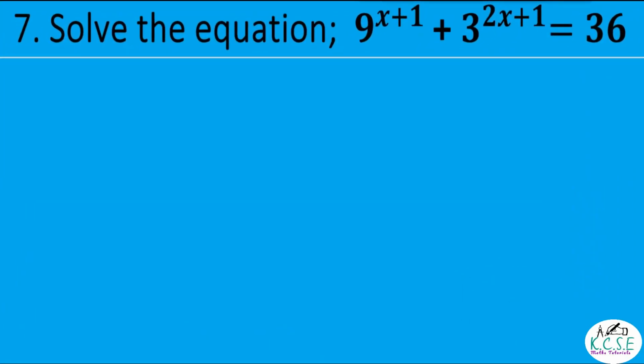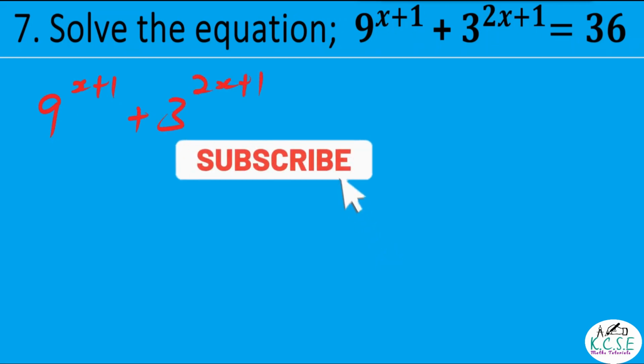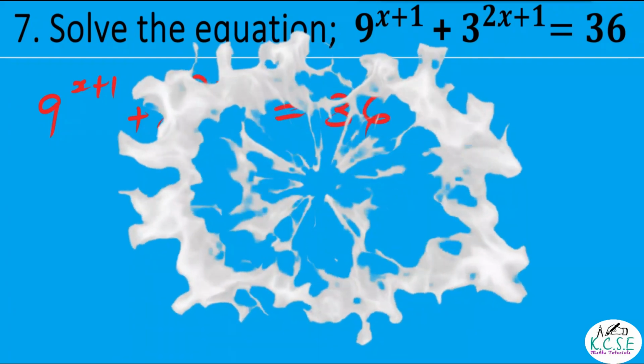Solve the equation 9 raised to power x plus 1 plus 3 raised to power 2x plus 1 is equal to 36. So we need to get the value of x. 9^(x+1) plus 3^(2x+1) is equal to 36.